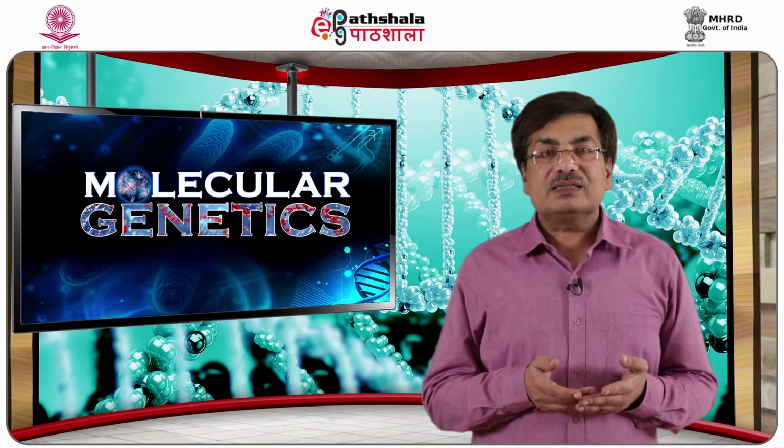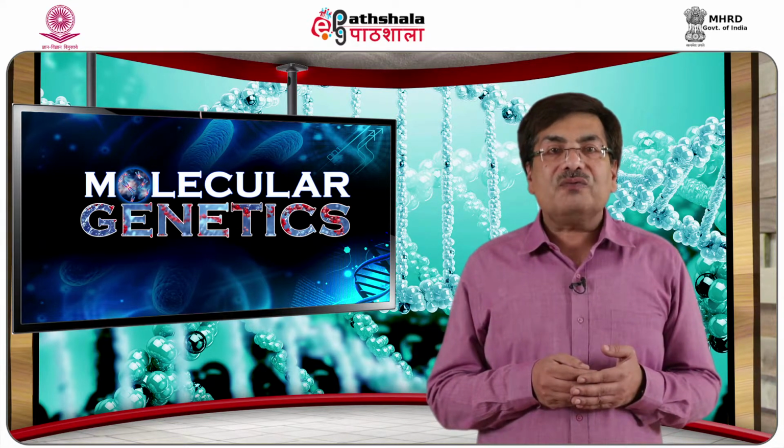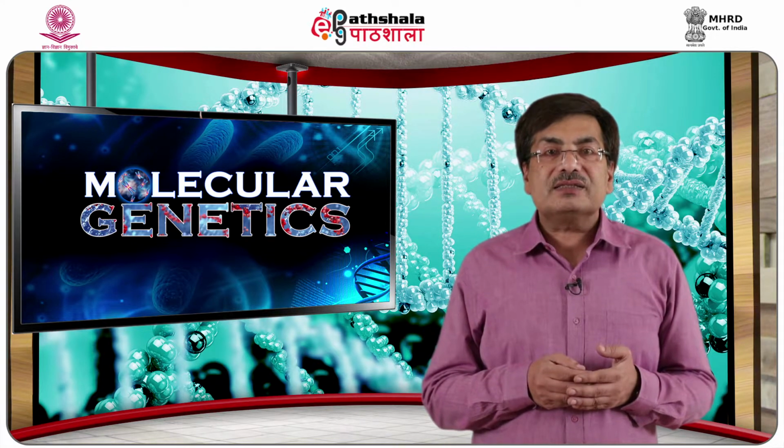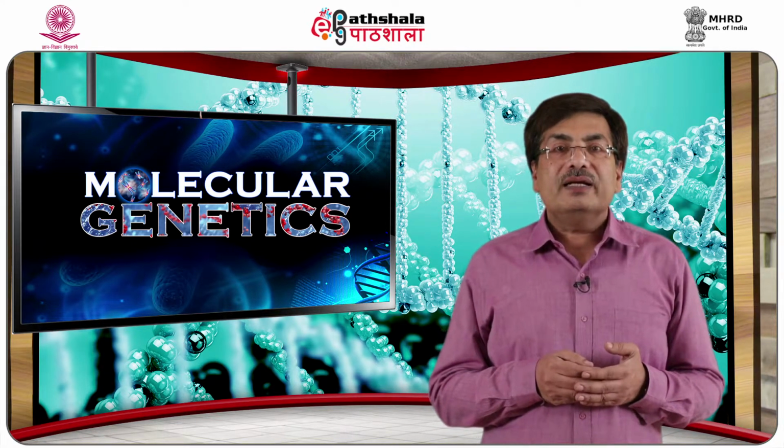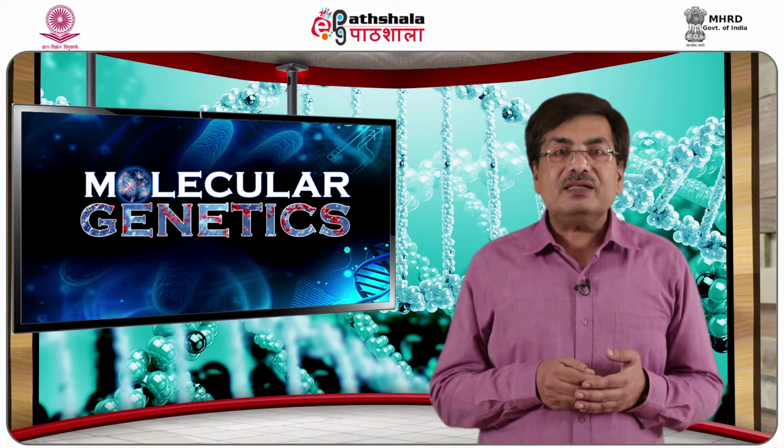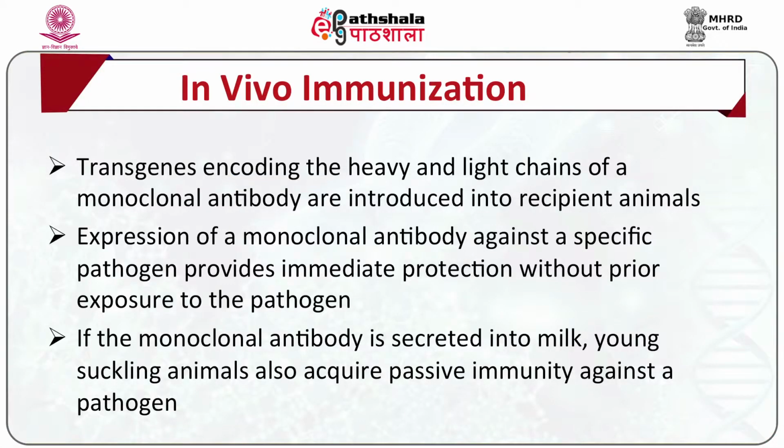The approach for production of disease resistant cattle included in vivo immunization, in which transgene encoding the heavy and light chain of monoclonal antibodies was introduced into the recipient animals.